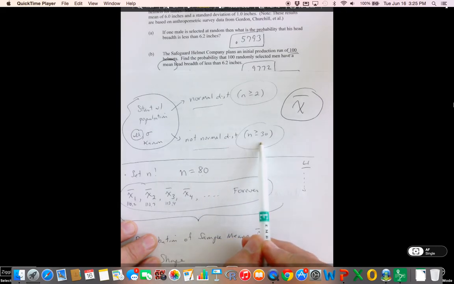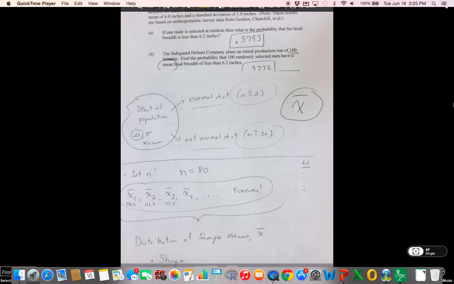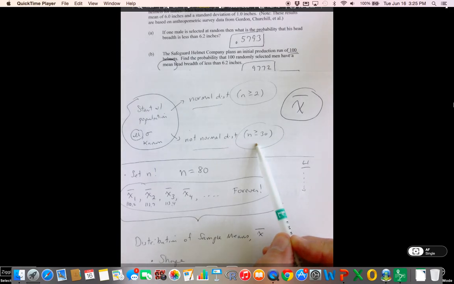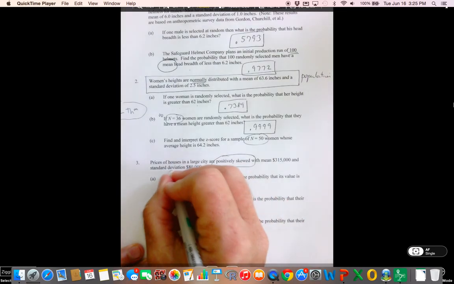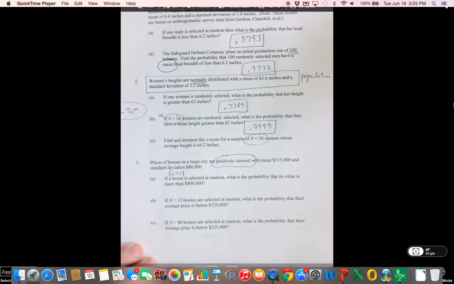So guys, for us to be able to work these problems, for all this stuff down here in the central limit theorem to apply, we have to have a sample size of 30 or bigger. If we don't, we can't work the problem. So when we come down here, we say if a house, guys, a house is n equal 1, what is the probability its value is more than 400,000?